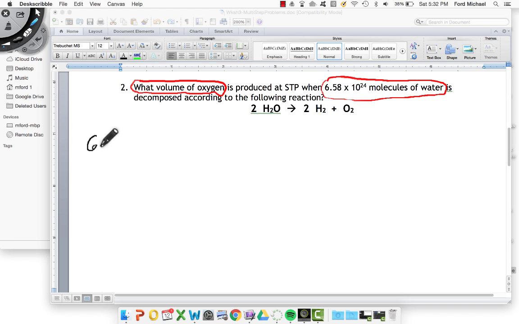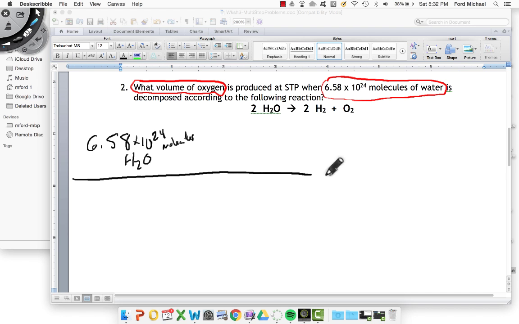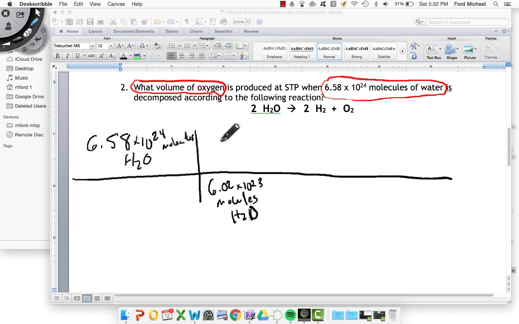We have 6.58 times 10 to the 24th molecules of water, and we want to get to moles of known. We're going to divide by 6.02 times 10 to the 23rd molecules of water in one mole of water.